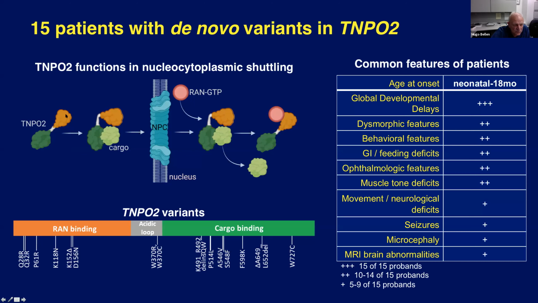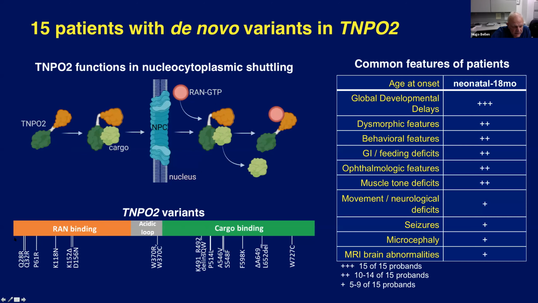So transportin has a Ran-binding domain, an acidic loop, and a cargo-binding domain, as shown here. It binds cargo and will import that cargo into the nucleus, where the Ran GTP will bind to this Ran-binding domain and release the cargo into the nucleus.